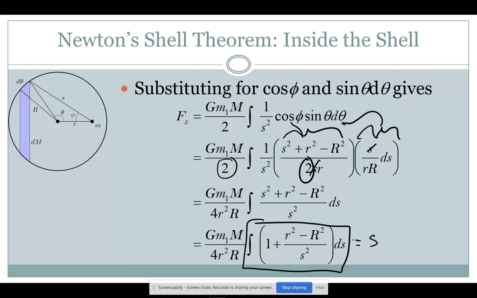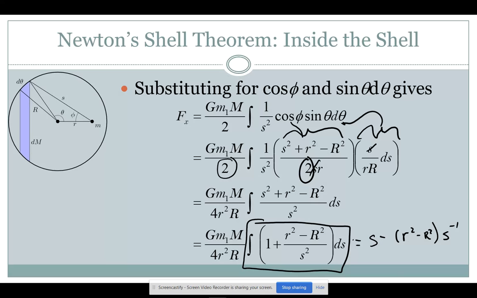And then we have the integral of a constant divided by s squared, or a constant times s raised to the minus 2. The constant stays the same, so I'm going to put plus r squared minus R squared. But what's the integral of s to the minus 2? s to the negative 1 over minus 1. Instead of putting over minus 1, I can just as easily change it to a minus sign out here.